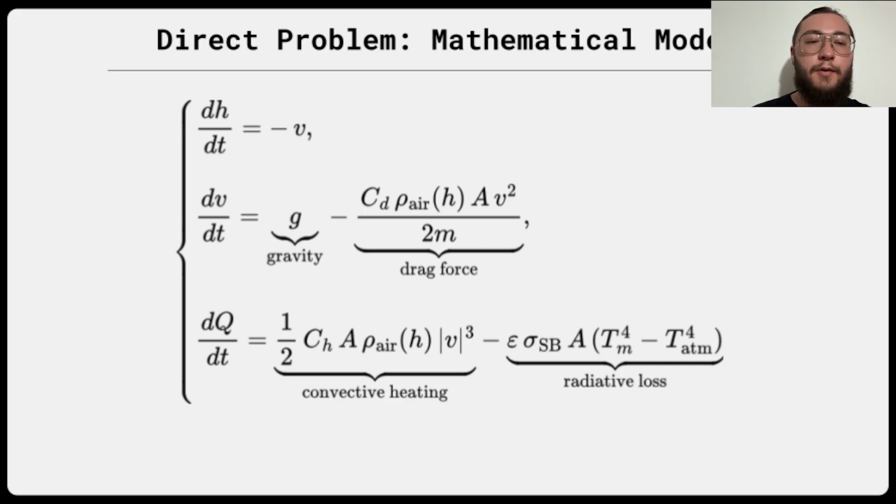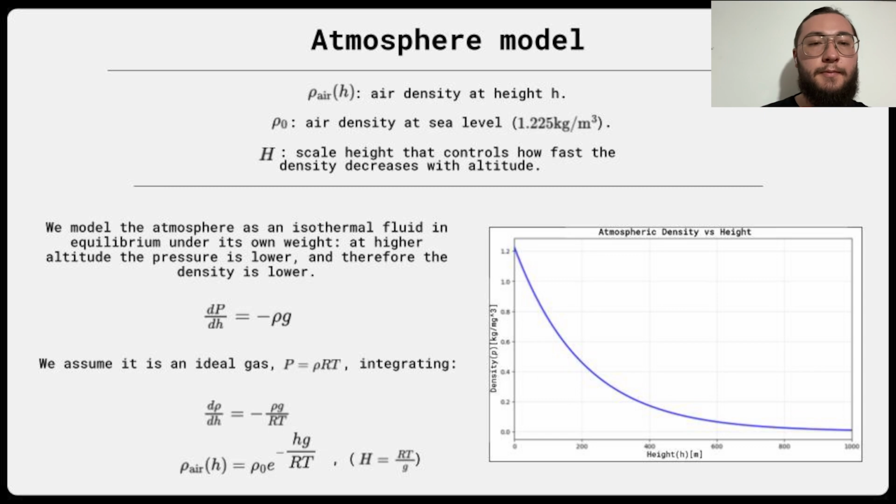The second equation comes from Newton's second law, balancing gravity, which pulls the particle down, and drag, which opposes its motion. The third equation is the energy balance, describing how the particle gains heat from air friction and loses heat through radiation. Together, these three equations define the direct problem, predicting what happens to a particle of given size and velocity as it enters the atmosphere.